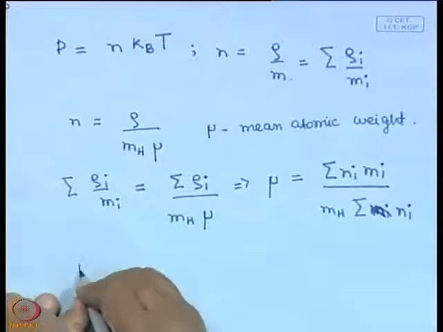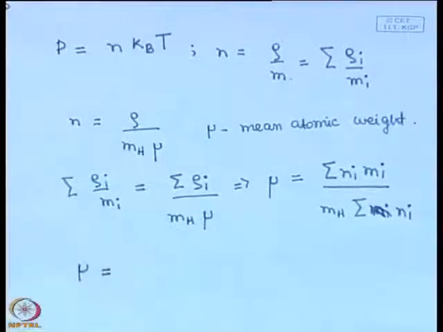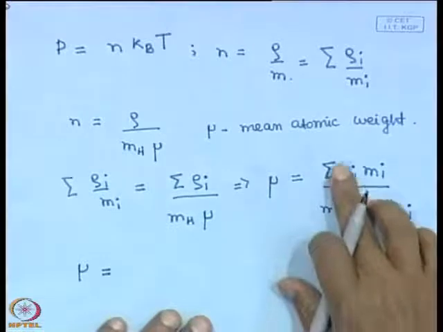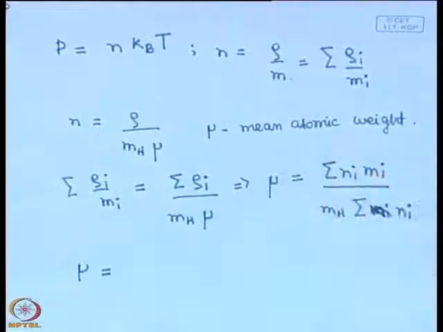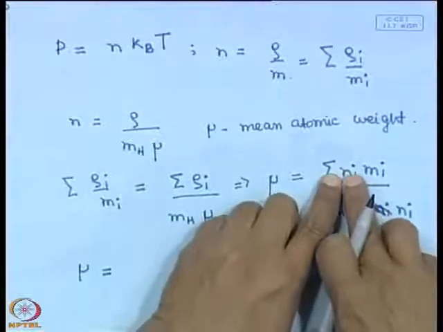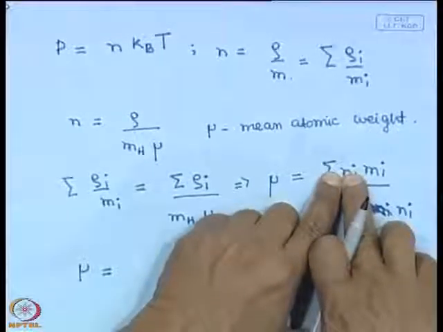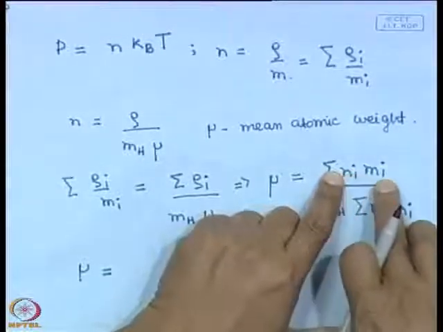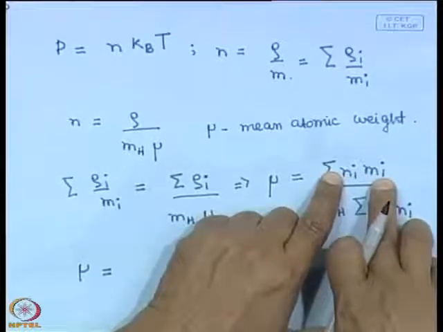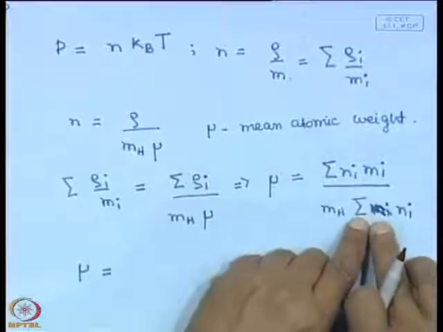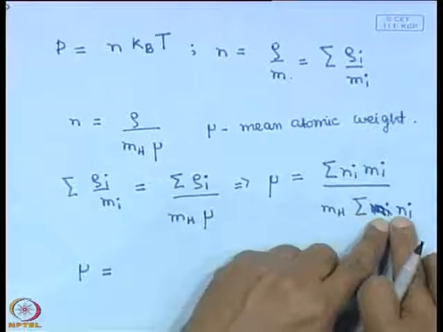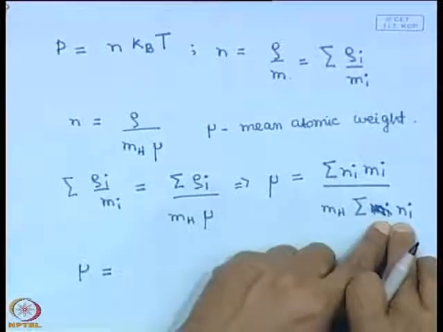Right. So from here we can say that mu, in the numerator we have the contribution only from the protons, because the mass of the electrons is negligible. In the denominator we have the contribution from both the protons and the electrons.